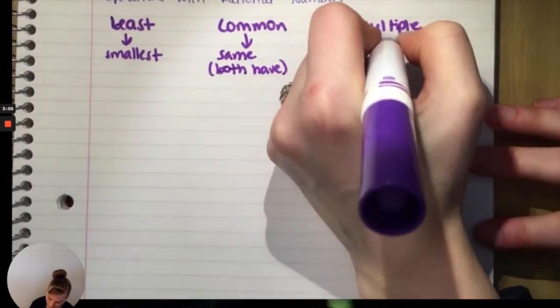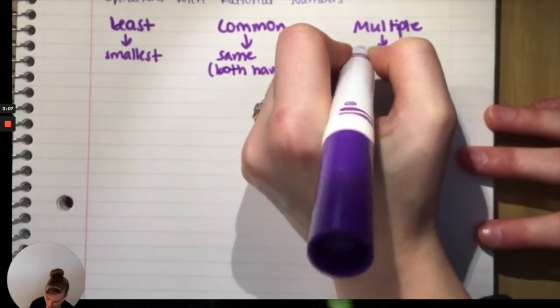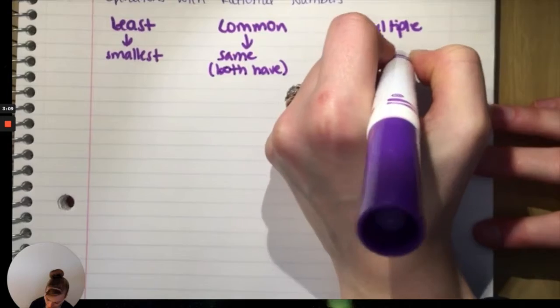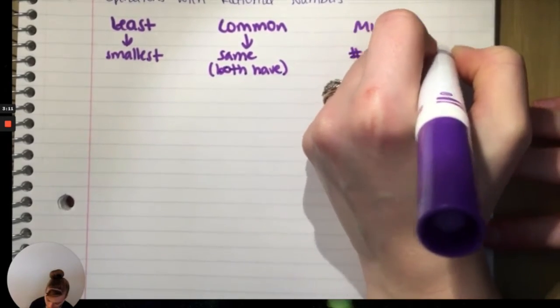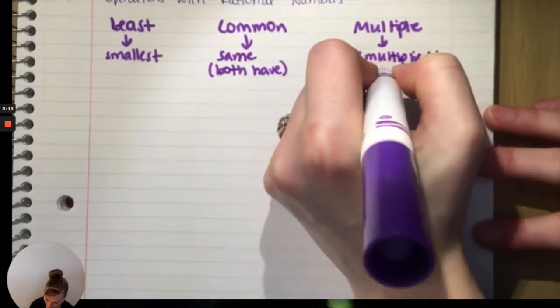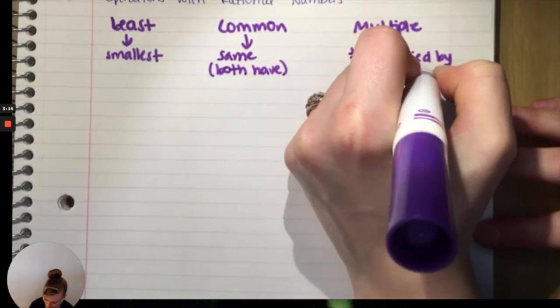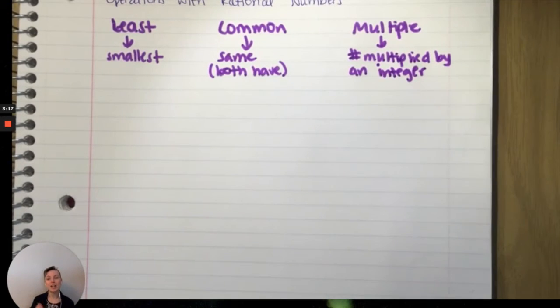And a multiple is a number multiplied by an integer. I didn't go over it much in the last video, but an integer is a whole number, so 0, 1, 2, 3, 4, but also all the negatives of those, so also -1, -2, -3, -4. So that's least common multiple.